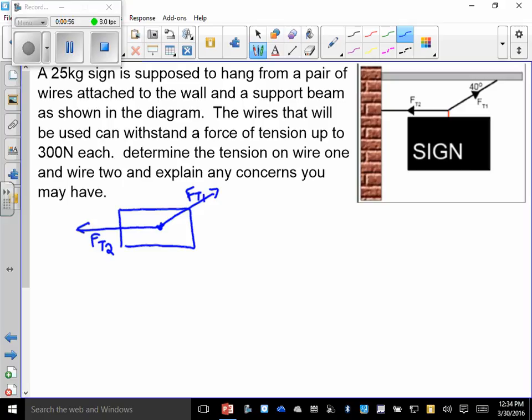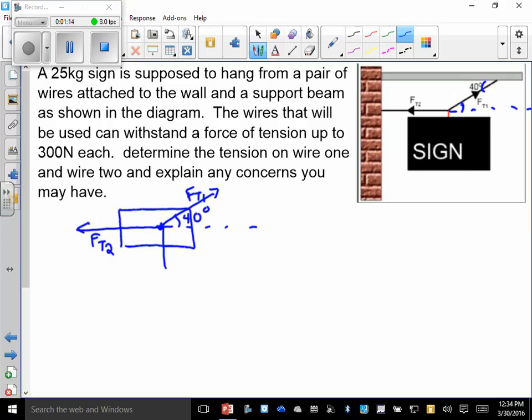Now, this angle right here is 40 degrees. How do I know that from this diagram? Those are alternate interior angles. So I can put this on my diagram to be 40 degrees there.